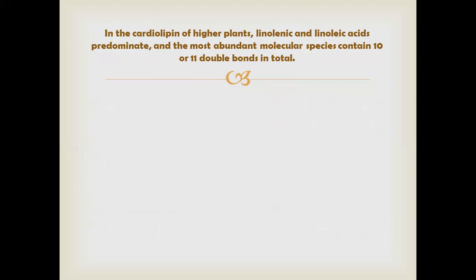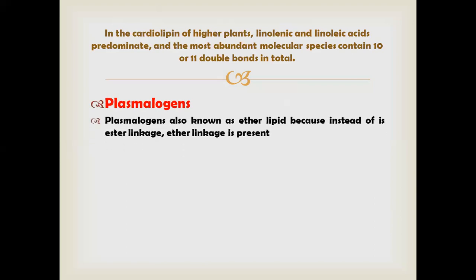So अगर हम higher plants की बात करते हैं, तो उनमें cardiolipin में linolenic और linoleic acid दोनों predominantly present होते हैं, और जो most abundant molecular species होती हैं, they contain 10 to 11 double bonds in total. So that was all about the different types of glycerophospholipids. The next type of phospholipid जिसको हम बोलते हैं जी plasmalogens.